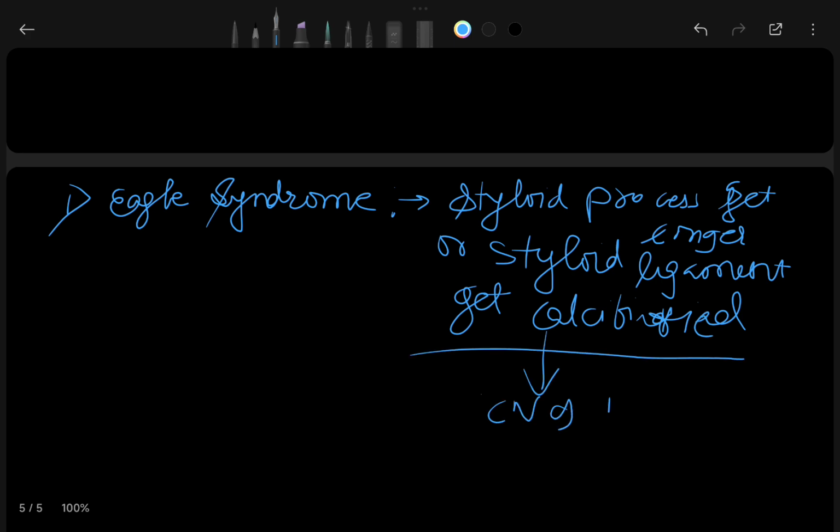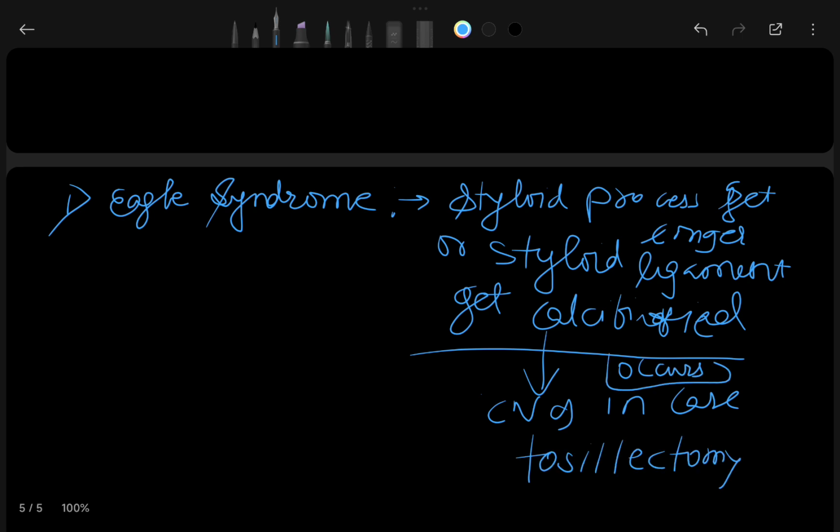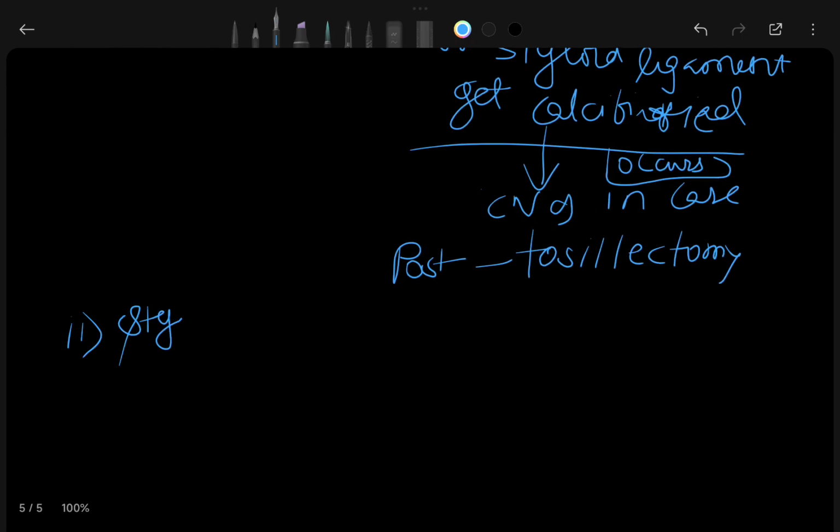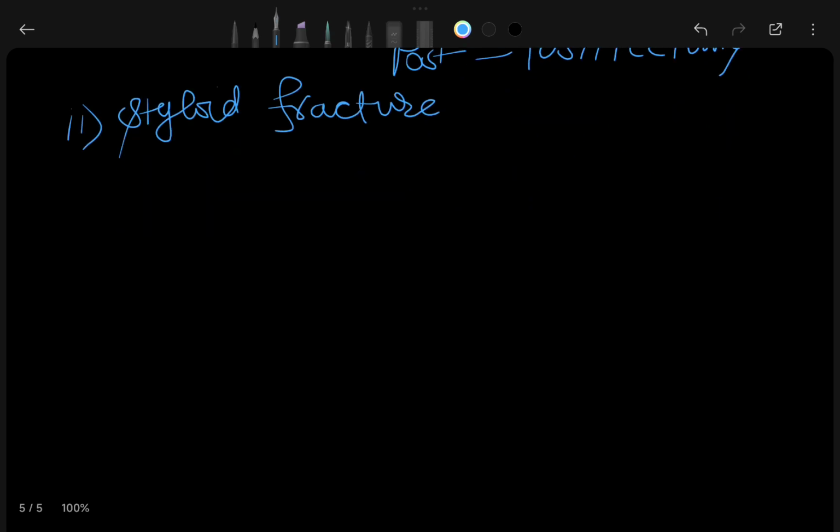It occurs mainly after tonsillectomy. Another is styloid fracture, which may occur and rupture the glossopharyngeal nerve.